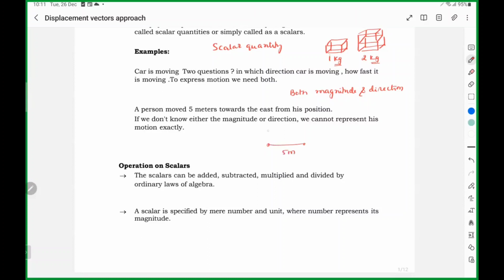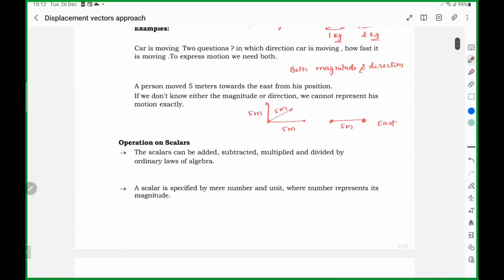In which direction he moved 5 meters? We cannot represent exactly his motion unless he specifies the direction. If he says 5 meters towards east, since he mentioned direction, I can represent his motion exactly.